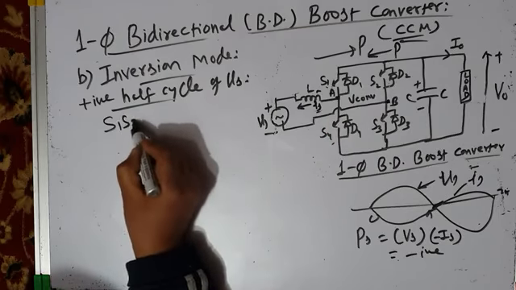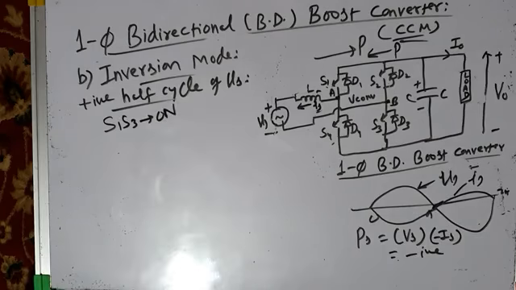So S1 S3 pair will be simultaneously given control pulses, both of them will turn on.